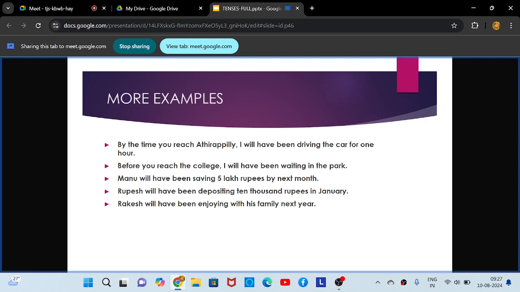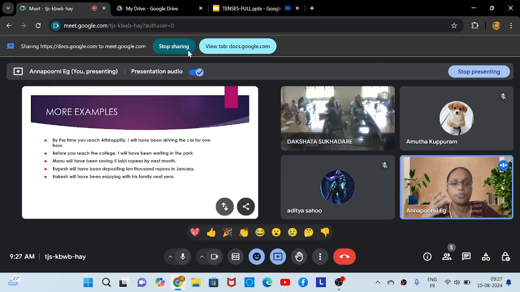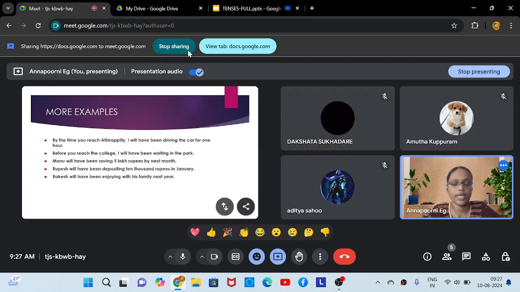From the third example, Manu will have been saving 5 lakh rupees by next month, only one action called saving is mentioned. Now, in the fourth example, Rupesh is expected to deposit 10,000 rupees by January, but he may even continue to deposit after that.